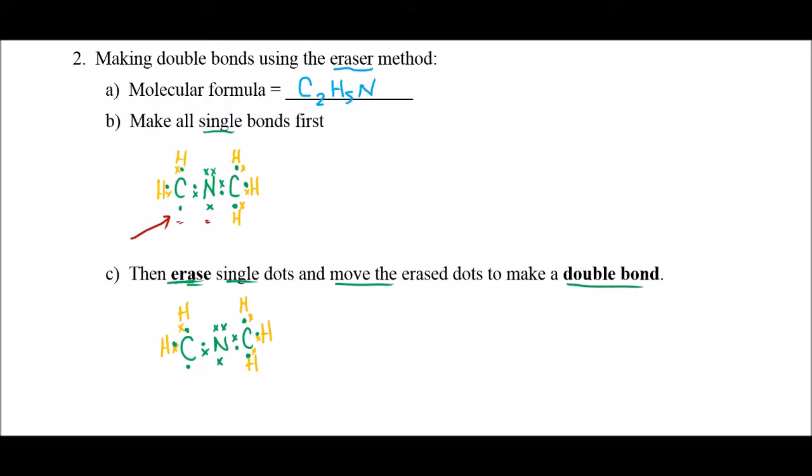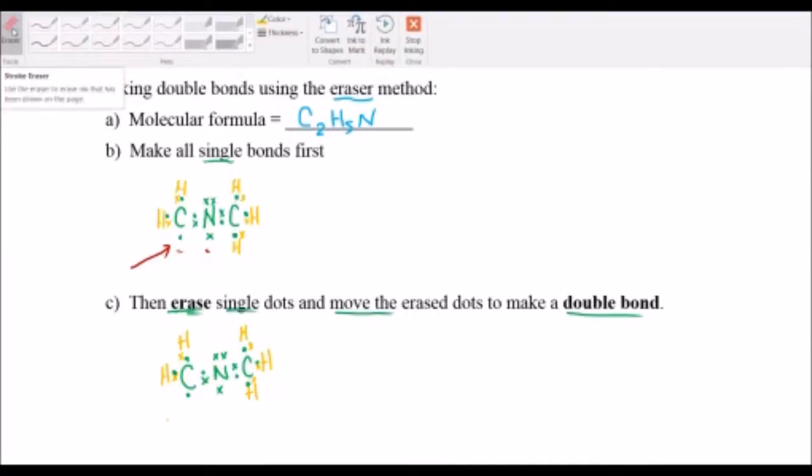Alright, now here I'm going to use my eraser tool. Now I'll use my eraser tool here. I'm erasing this dot. It's lonely. I'm erasing its neighbor. It's also lonely.